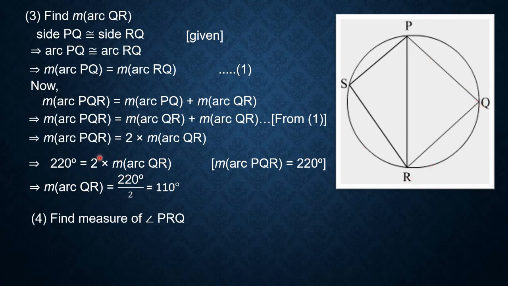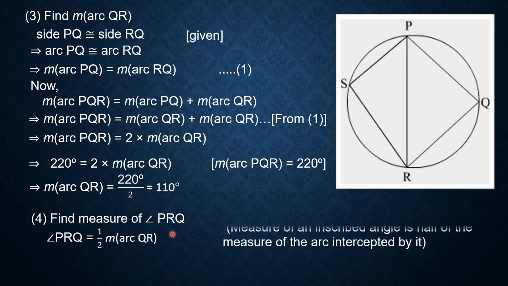In the fourth part of this question, we have to find the measure of angle PRQ. So again, we'll use the inscribed angle theorem. If you look in the diagram, angle PRQ is an inscribed angle, and this angle is intercepted by arc PQ. Therefore, we can say angle PRQ is equal to half of measure arc QR.